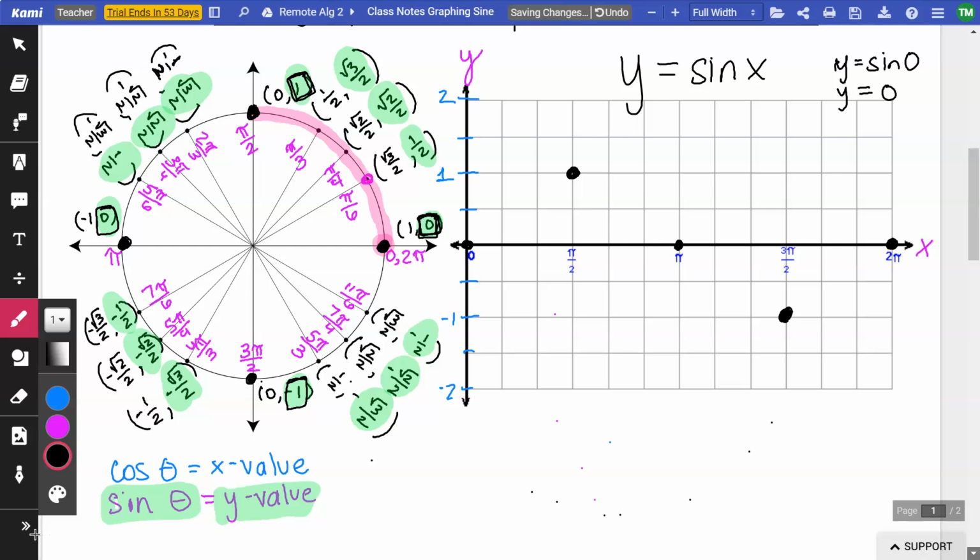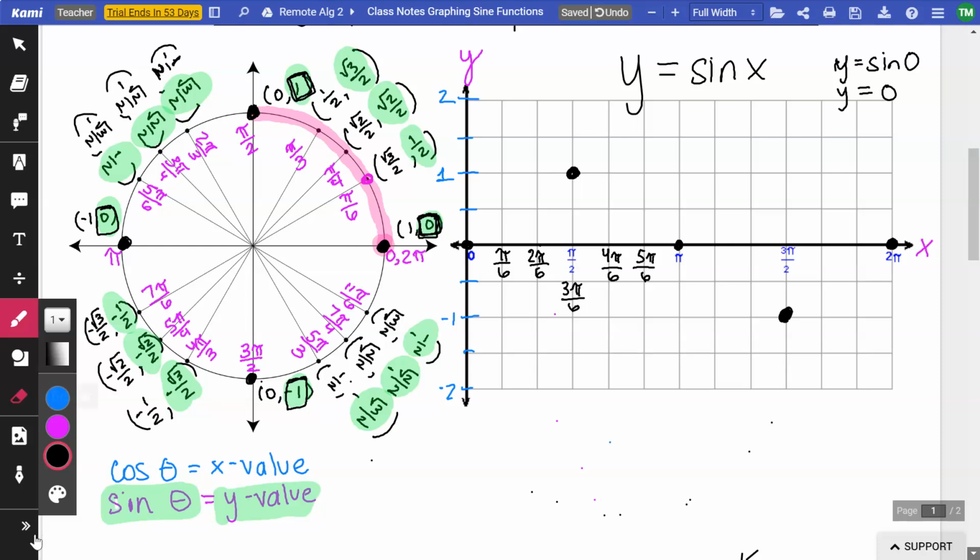Now, what if I wanted to fill in some points in between there? Well, if this is 0 and this is pi, we have 1, 2, 3, 4, 5, 6. That means that we can count by sixths. So this would be pi over 6. This would be 2 pi over 6. This would be 3 pi over 6, 4 pi over 6, 5 pi over 6, and then pi.